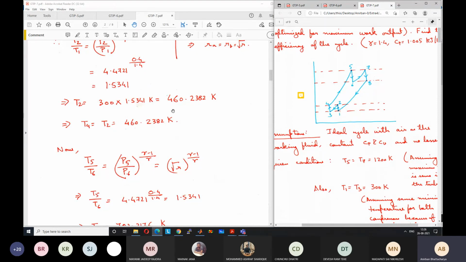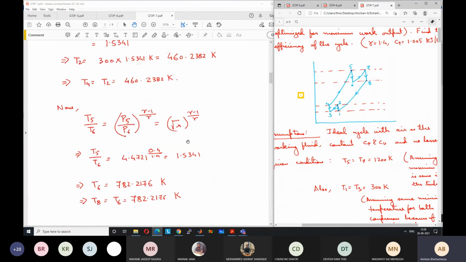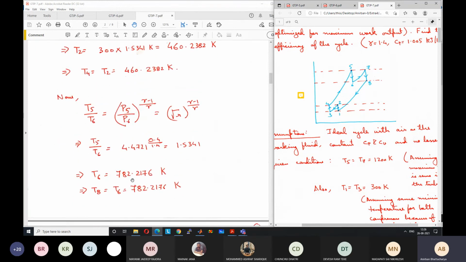But the temperature change that has occurred here is 160 Kelvin, and in this case the temperature change is more than 400 Kelvin, so 418 Kelvin. So for the same pressure ratio, the temperature change is much higher. That's why you get much higher work output from the turbine as compared to the work input required in the compressor.